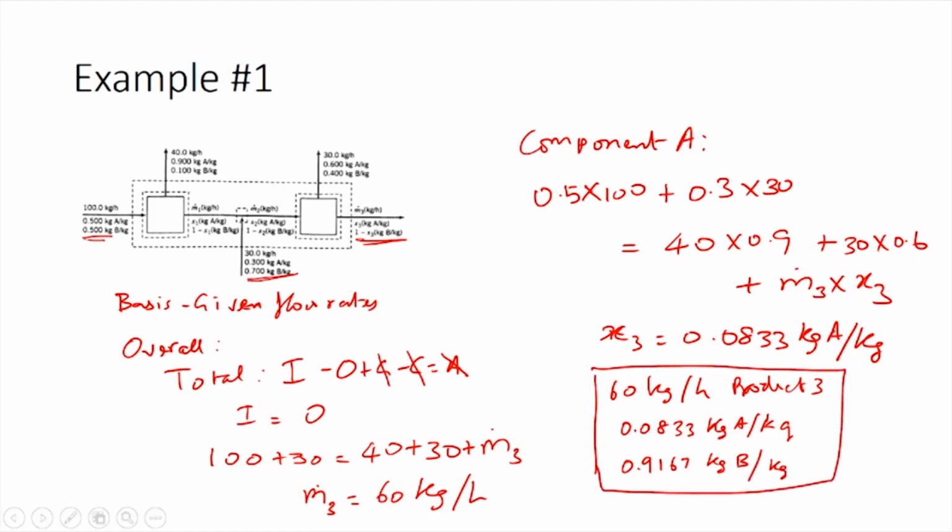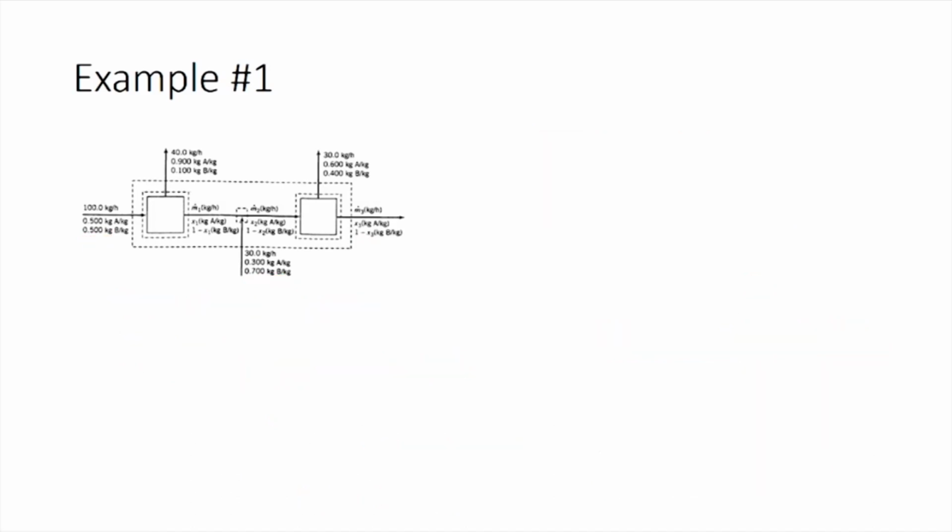So, this gives you the information about product 3. So, the next step is to calculate the information for the streams 1 and 2. So, let us start with unit 1, let us just call this as unit 1. When we write a balance equation for unit 1, we will be able to get information about the stream 1. We can write a balance equation for unit 2 to get the information for stream 2.